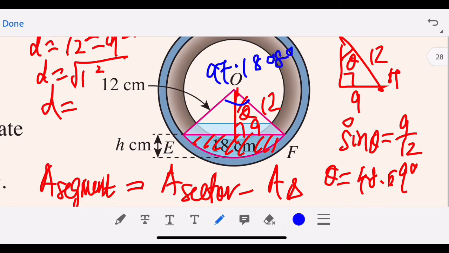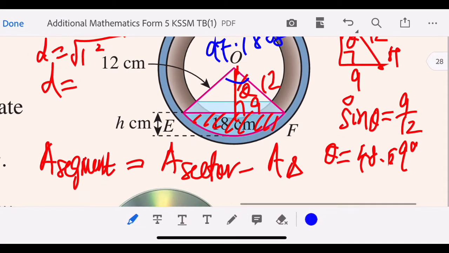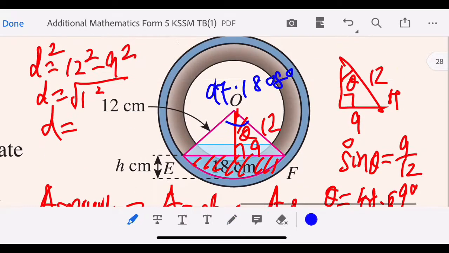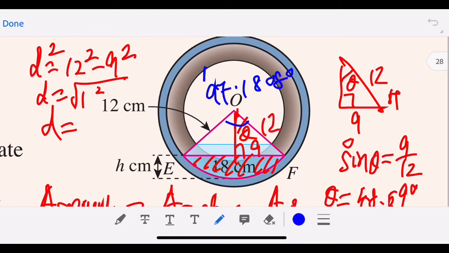So I'm going to convert to radian. I will times 3.142 divided by 180. So I will get 1.696. This angle is equivalent to 1.69634408, something like that. So we can stick to 1.696 radian.